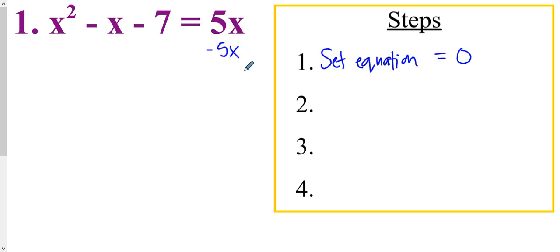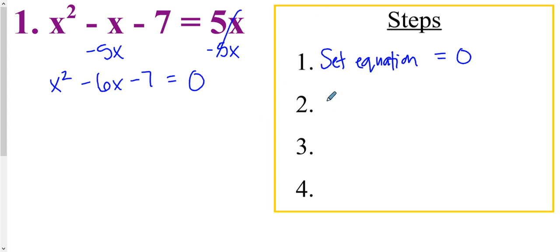Now pay attention and make sure you're combining this with the right piece. So this x is going to go with this x in the middle. And whenever I do that, I'm left with x squared minus x minus 5x gives me negative 6x minus 7. These canceled out, that was the point, and now I equal 0.